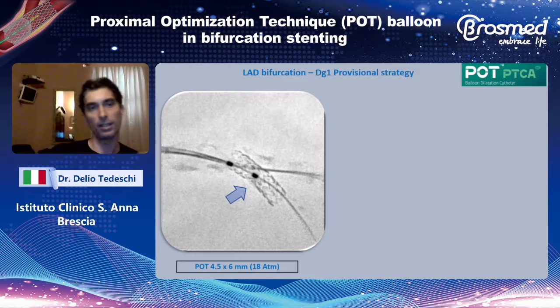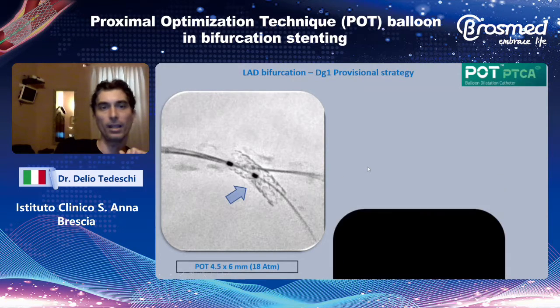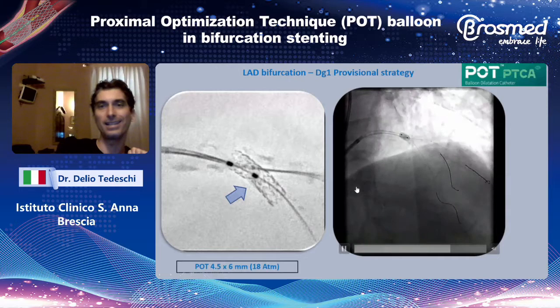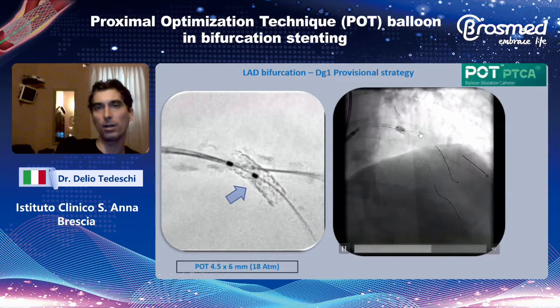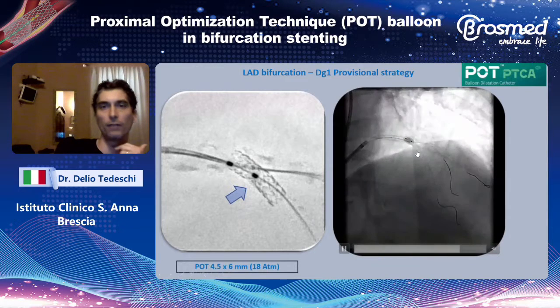So even with the length, we were sure that the position was correct. And you can see here the shape of the POT balloon without shoulder and exactly at the level of the carina.